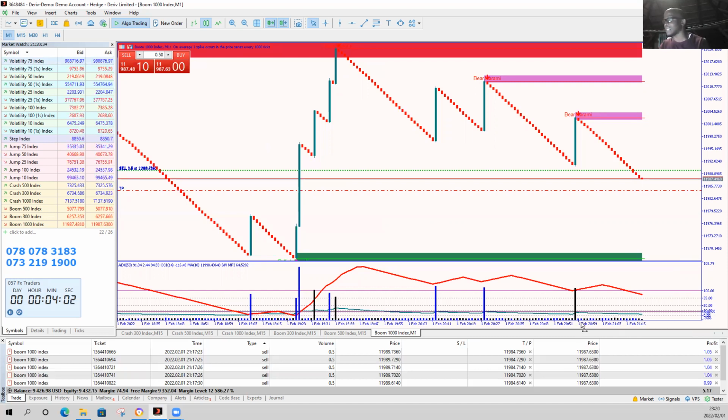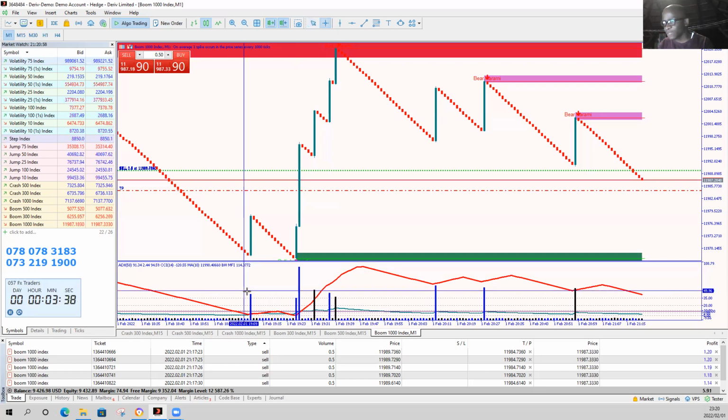But remember, as I said, there's no indicator that is perfect, or no indicator that will give you the exact market prediction. It's just an indicator. Most of the indicators are the lagging ones, and most of them are not accurate. So for instance, look at this first spike here.